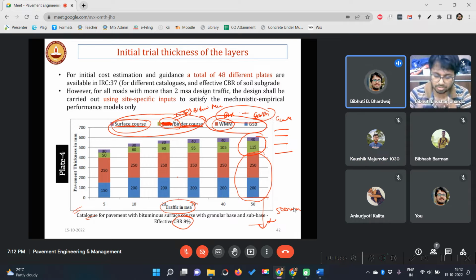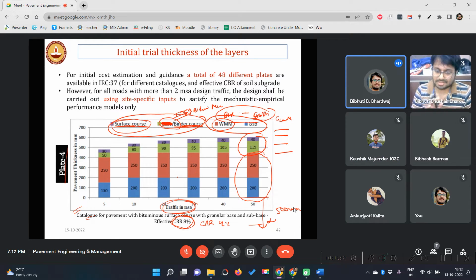You should know whether you are constructing the pavement on a weak foundation or a strong foundation, based on the CBR value and also the traffic. There are many plates. I have just taken one example, plate number 4. For CBR 9%, there will be another figure like this, where the values will be different.